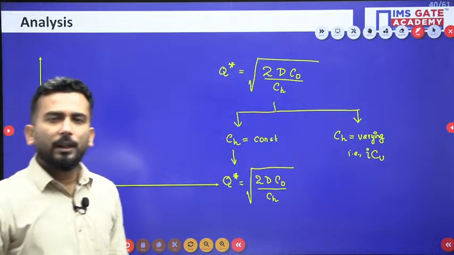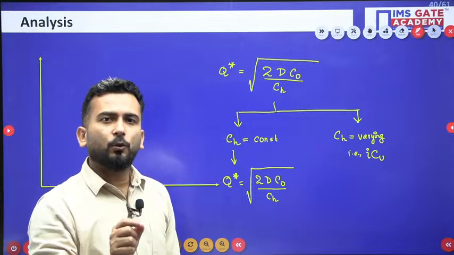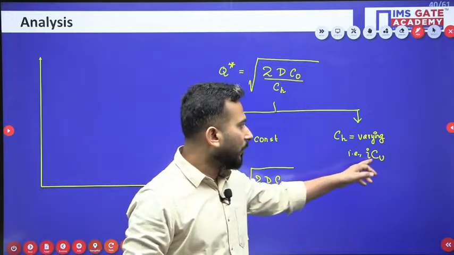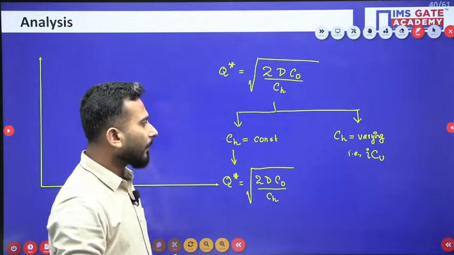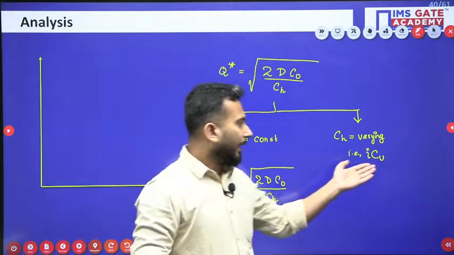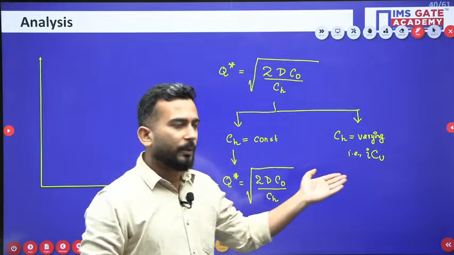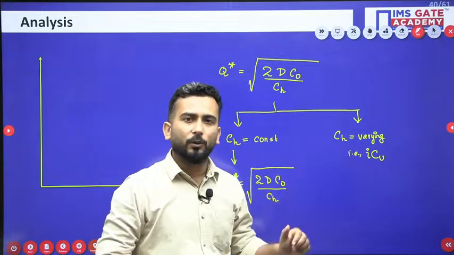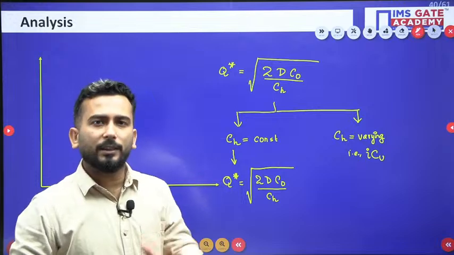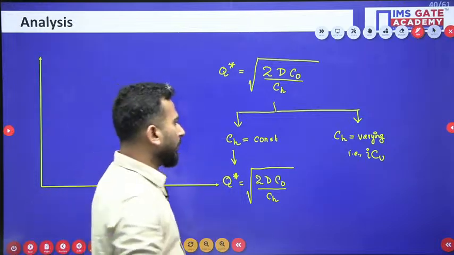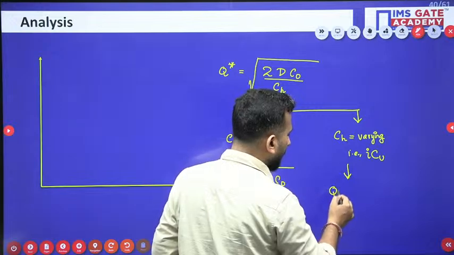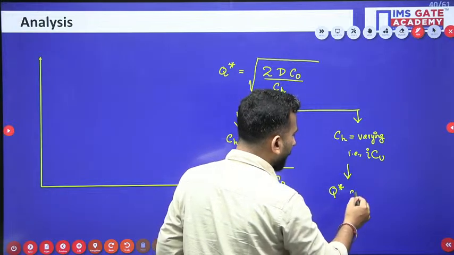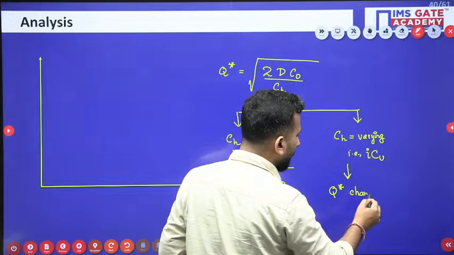They will give you that the holding cost is 2% or 3% times the unit cost, that means some I times. So definitely as your unit cost varies, your CH will also vary. So your EOQ doesn't remain constant, your EOQ changes.